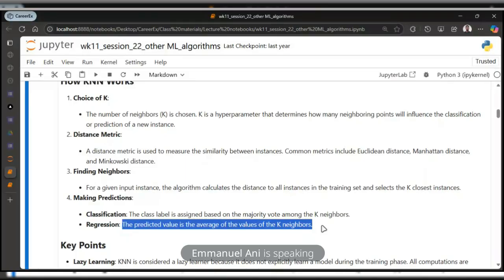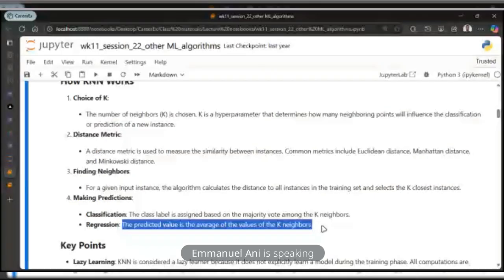Let's say the range of these houses is usually from, let's use dollars, $100,000 to $900,000. All right. So your k nearest neighbors would be any value between these two values.